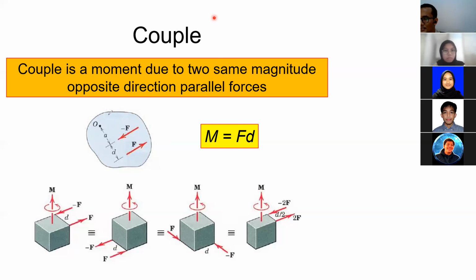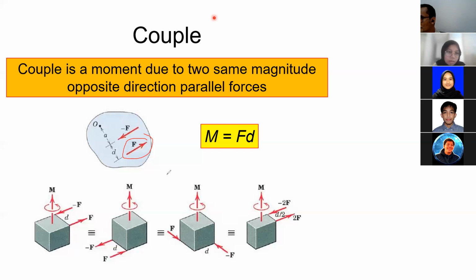Maybe you can calculate one by one. What is the value of the moment caused by that force at point O? Moment is the multiplication of the magnitude of the force with the perpendicular distance, right?